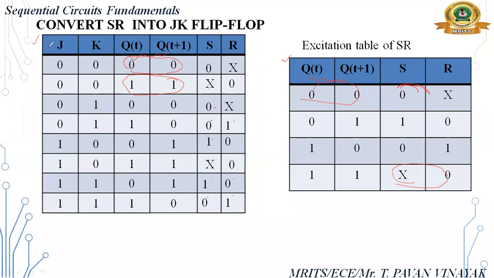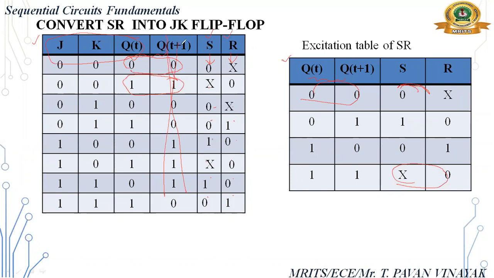Now what we have to do? We have to find out the K-map for S, R. We have two output expressions, S and R. Inputs are only these three. Don't consider the Q of t plus 1 column.